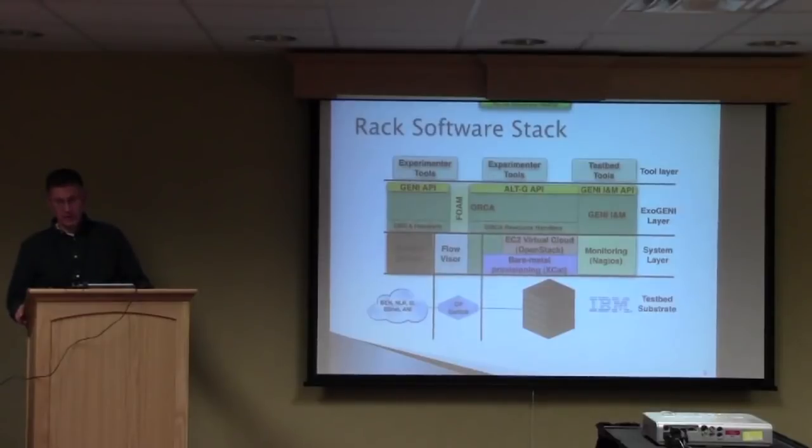And then the ExoGENI layer, the next layer up, there is the test measurement software, the GENI INM, and the API corresponding to that. On top of it, there's the Orca software and Orca handlers, and then also there's FOAM there as well, which talks to FlowVisor. And then on top of that is the tool layer, which operates through all the APIs.